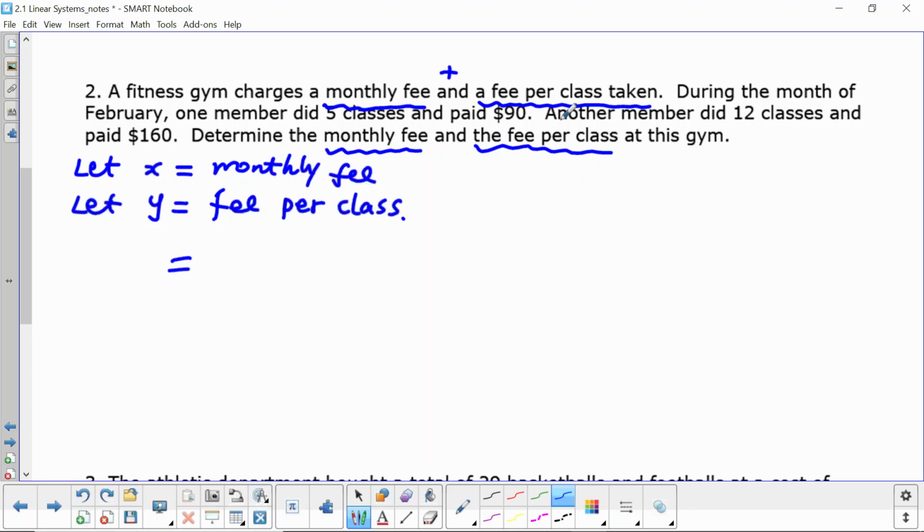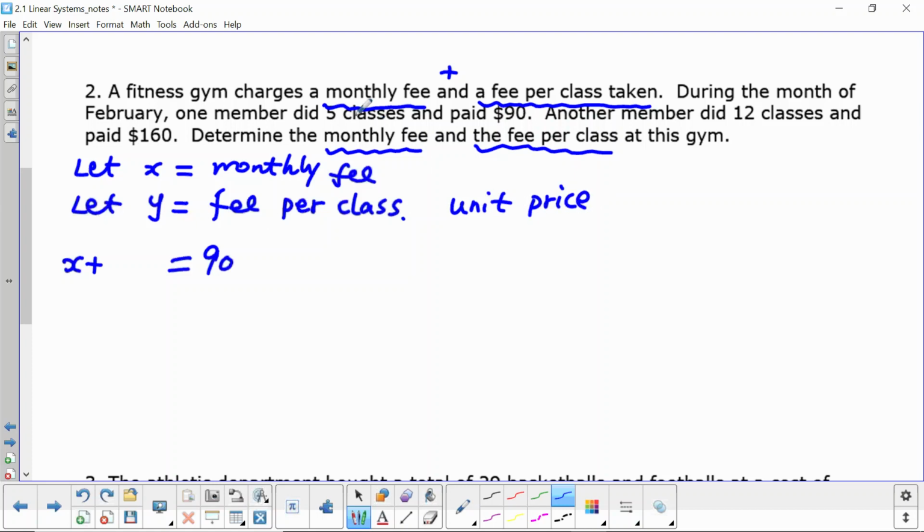So the first member paid $90. And we know that it's monthly fee plus the fee per class taken, that is going to be the total price. So monthly fee you must pay, and one class, this is unit price times quantity, then you can find the cost.